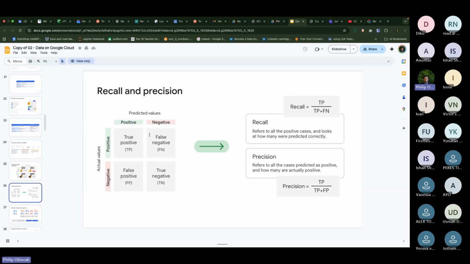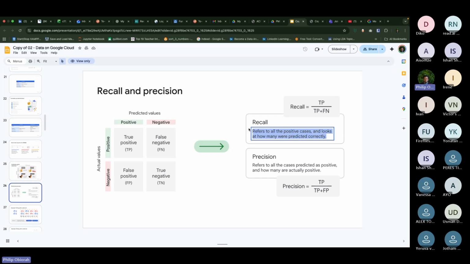Now this is what we use to get the precision and recall. So how do we define recall? Recall is: of all actual positives, how many did we catch? How many did we predict correctly?